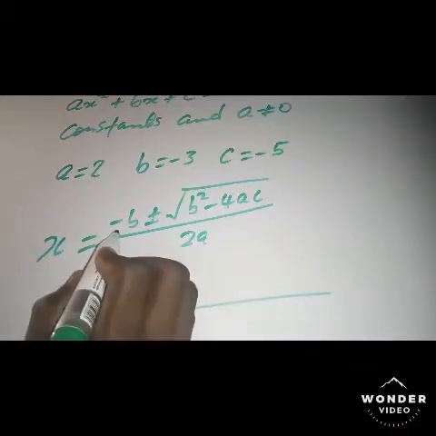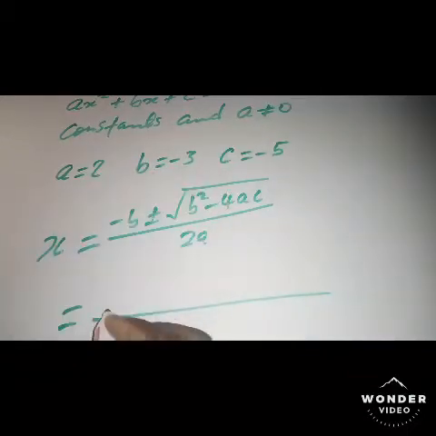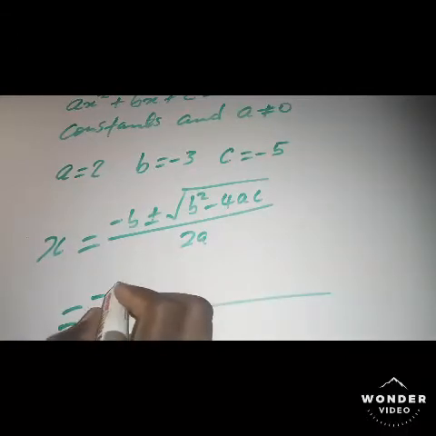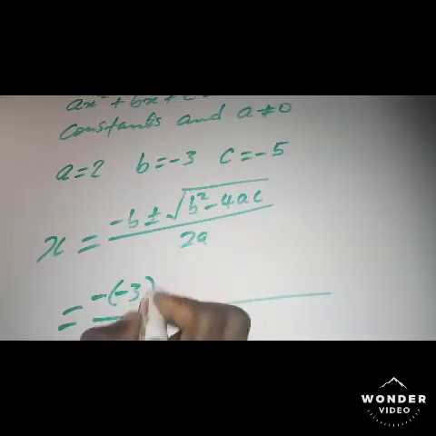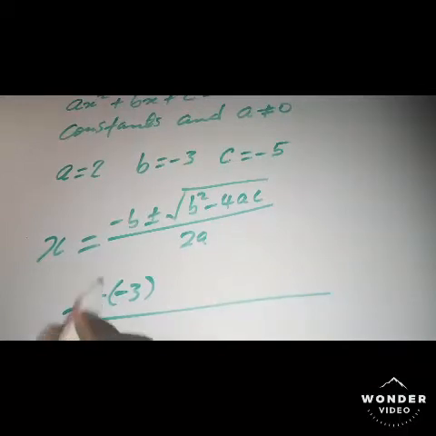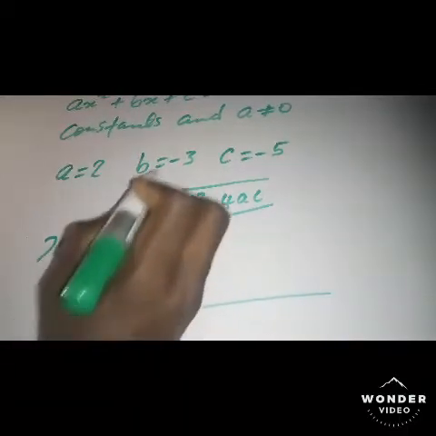So my b here is -3, so I will have negative, then -3. The first negative was with the formula, the second negative with my number.